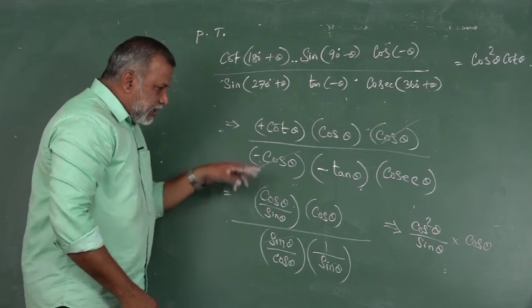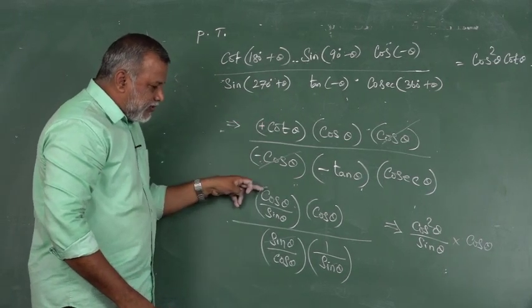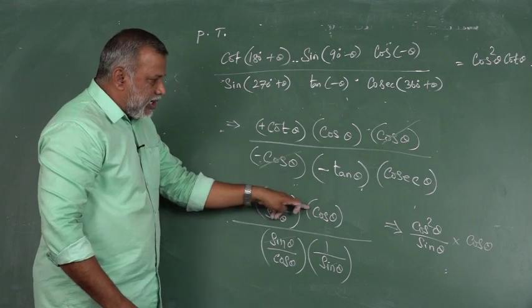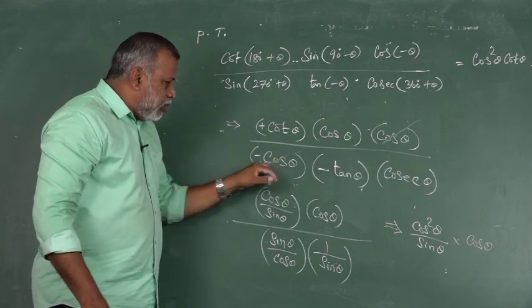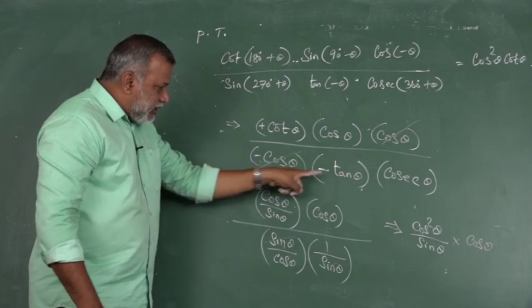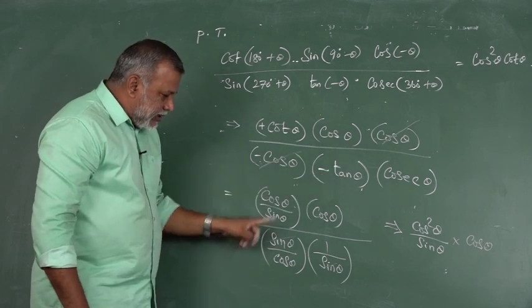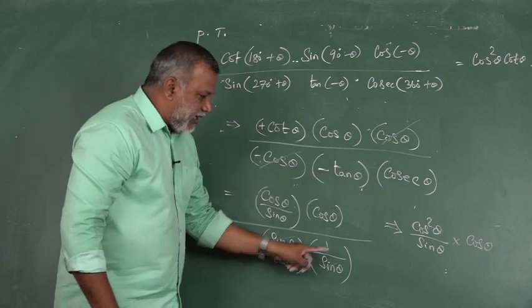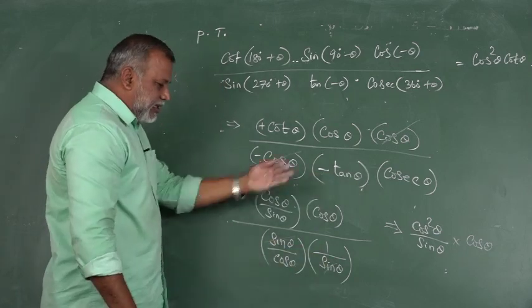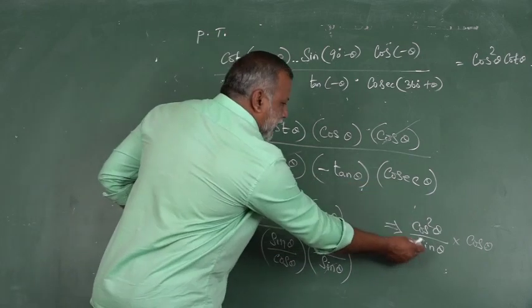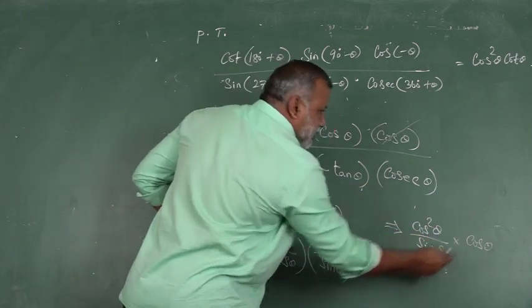Once again listen. Then this cot can be put in the form of cos by sin. The remaining one cos, already one cos in the numerator is eliminated. Both negatives will be positive. Then see the denominator, tan, sin by cos, then cosecant, 1 by sin. This sin will be eliminated. Now take the reciprocal.